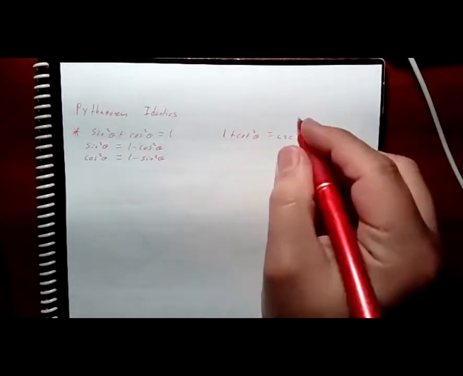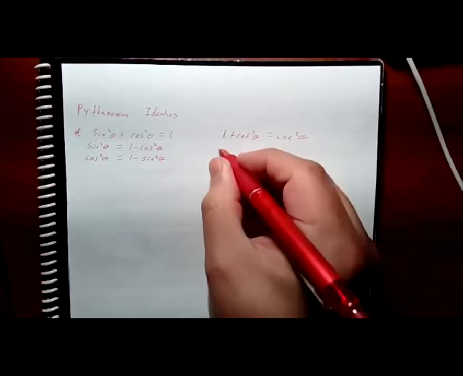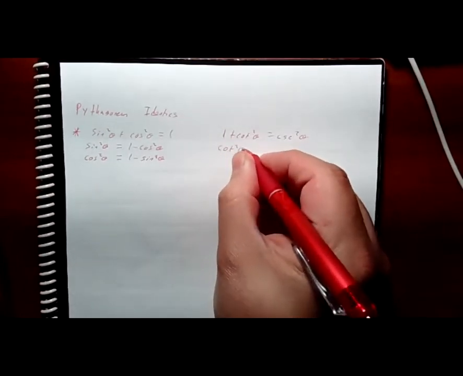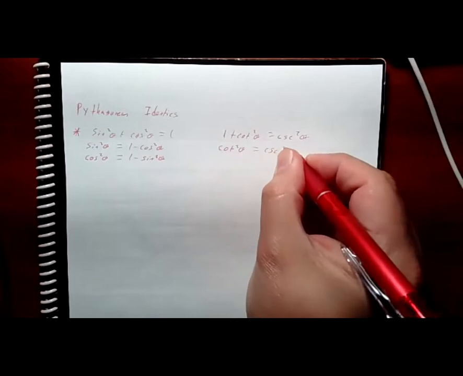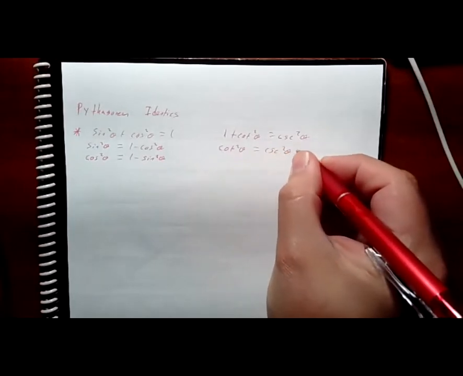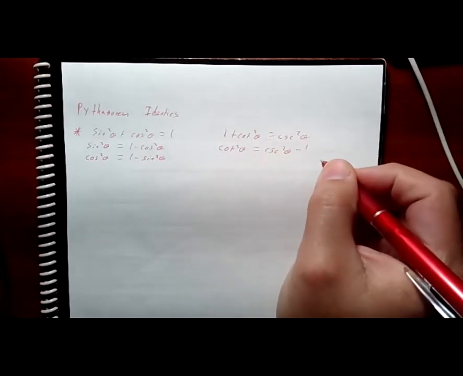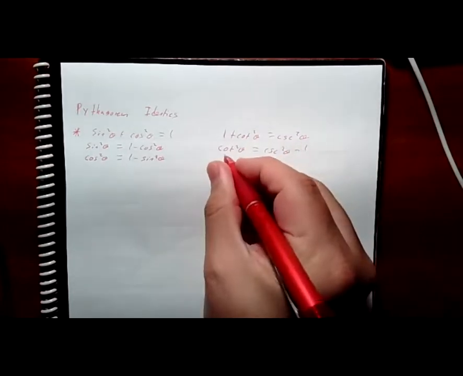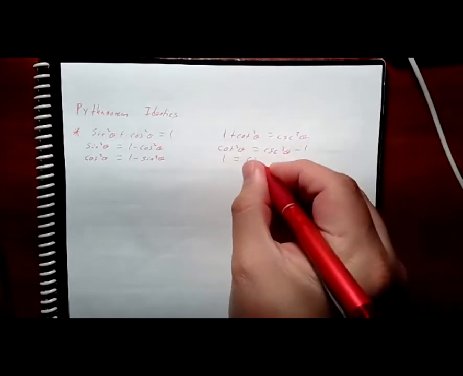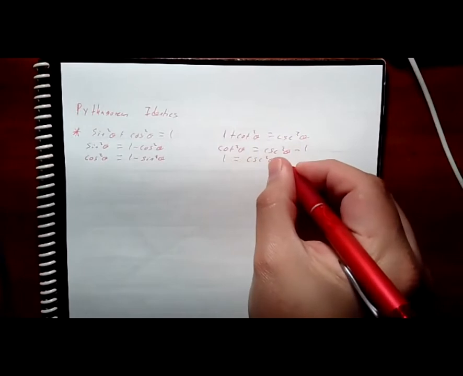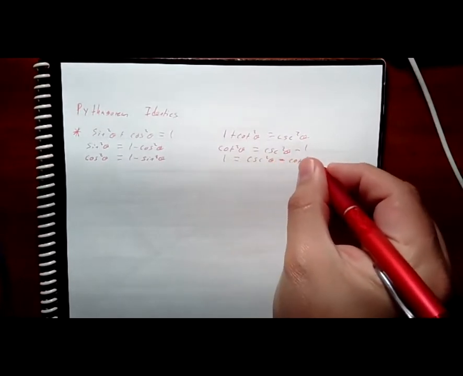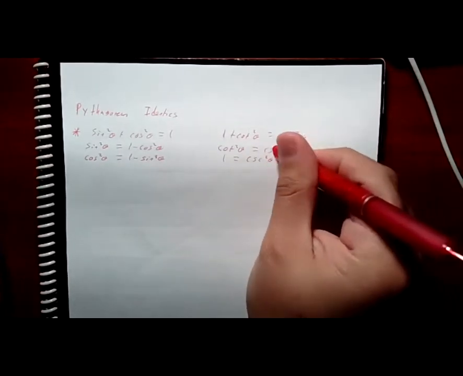Once you create this, you just subtract things around and you make some more. Cotangent squared theta is equal to cosecant squared theta minus 1. Subtract cotangent and you get 1 equal to cosecant squared theta minus cotangent squared theta. That looks a little messy there.